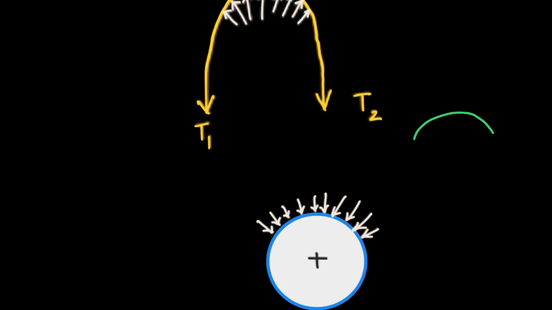To make this pulley rotate, there should be a tangential force, because this tangential force will cause a moment about this point, and that will set the whole pulley into motion. But in this scenario, there is no tangential force at any of these points.